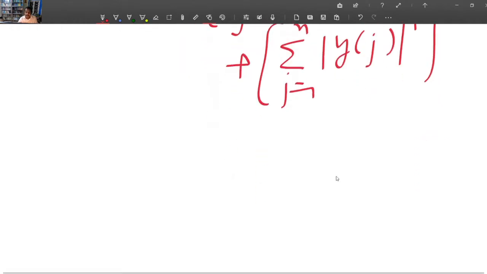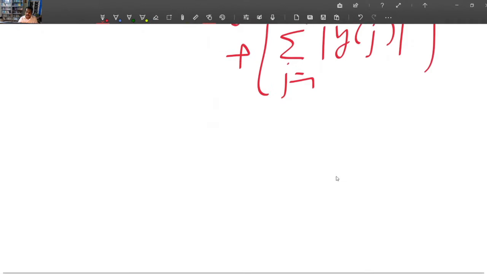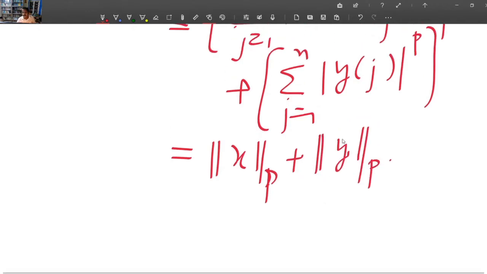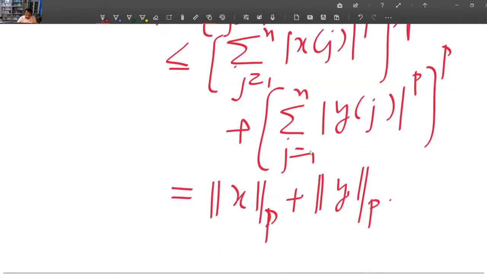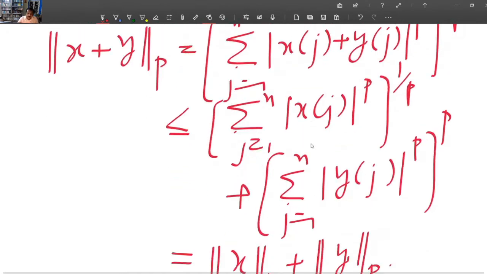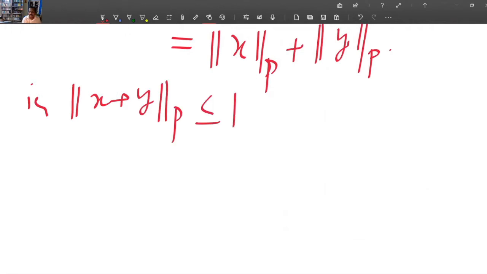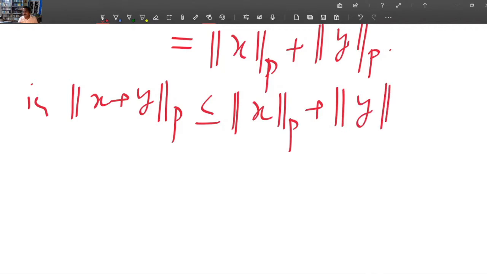So that is equal to the p norm of x plus the p norm of y. So we have the p norm of x plus y is less than or equal to the p norm of x plus the p norm of y.